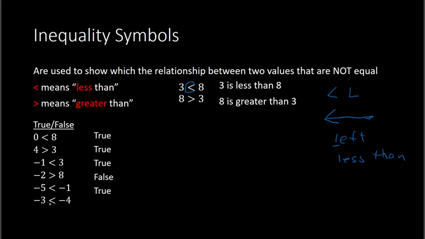Well, -3 is actually bigger than -4, so the mouth should be facing the -3, so it's the wrong direction, so this would be false. What about 1/3 and 1/2? Well, this one would be a true statement because 1/2 is bigger than 1/3, and the mouth is facing 1/2, which is correct.